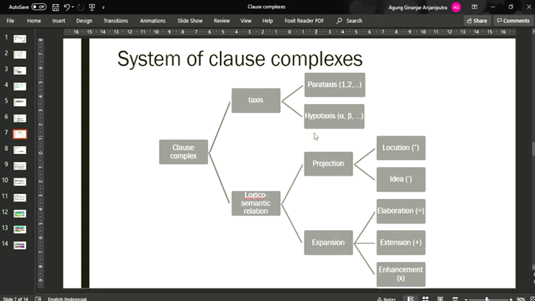We use Greek letters. In logico-semantic relation, we have projection, which can project locution, wording, or idea, meaning. And in expansion, there are elaboration, extension, and enhancement.